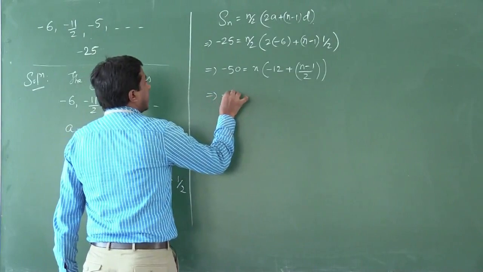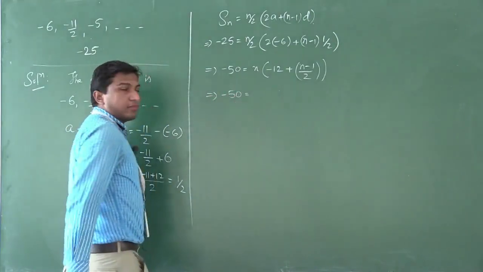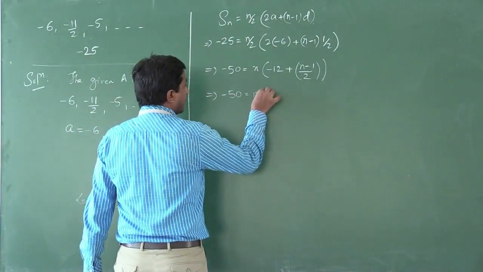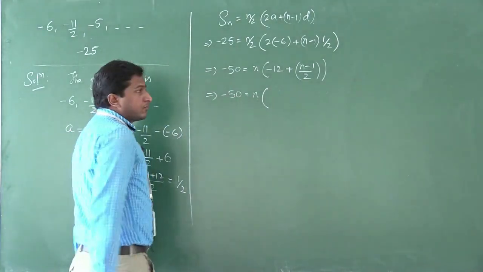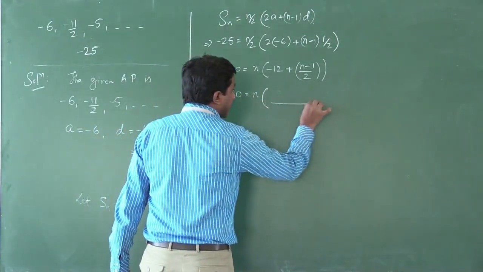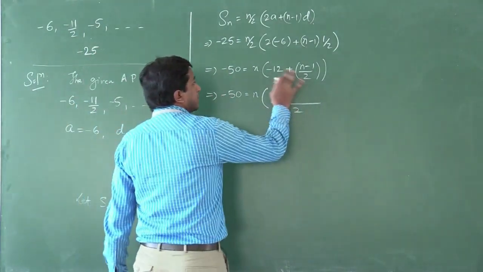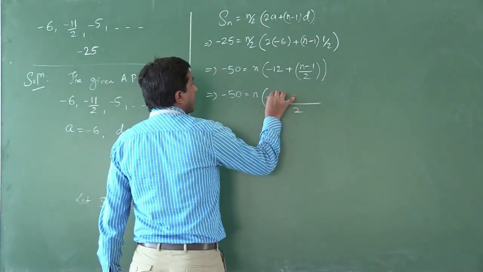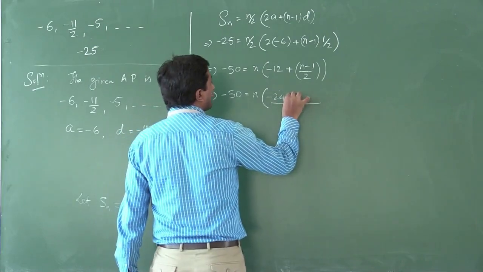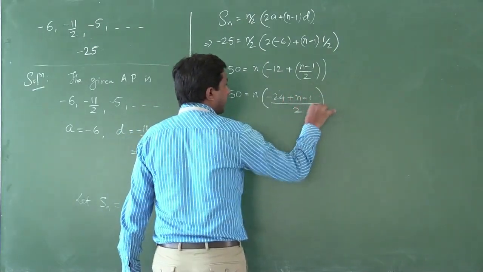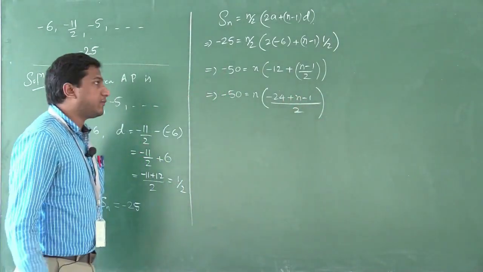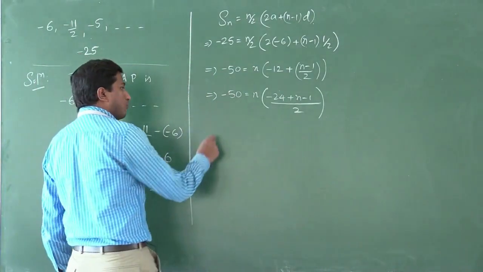LHS remains as it is. I will just take the LCM as 2 inside the brackets. Taking LCM, what do you get? Minus 24 plus n minus 1.